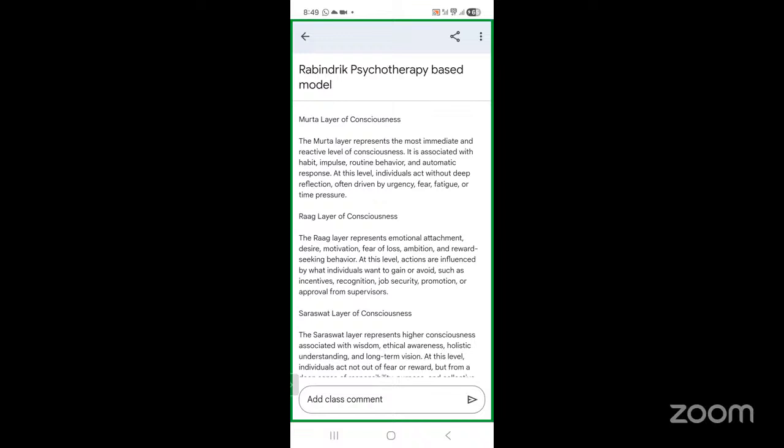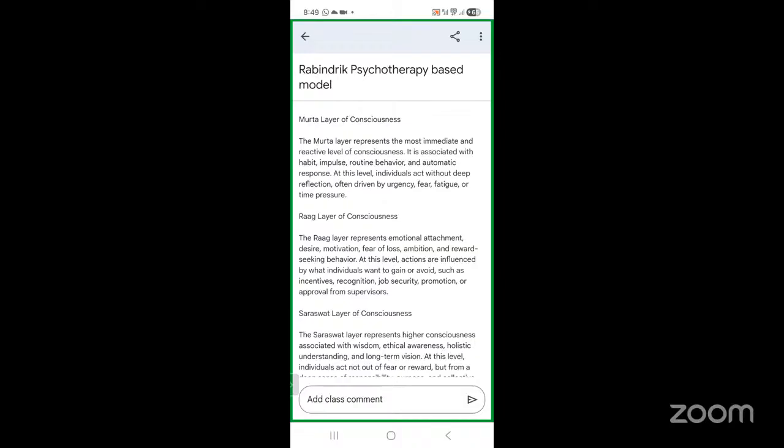Consciousness is unstructured. It has no boundary. It can move from Murto to Rag, again Rag to Murto repeatedly. And after that, it moves to the Saraswat layer of consciousness.